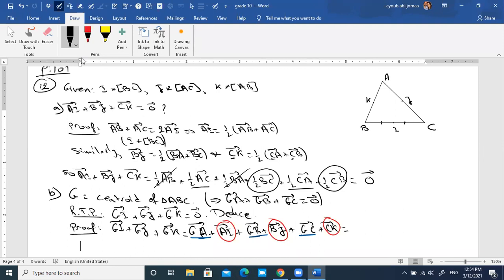So GA plus GB plus GC is equal to 0. So 0 plus AI plus BJ plus CK, which is proved 0 here. So plus 0, and then the answer is 0.